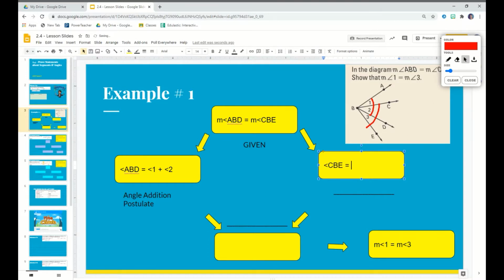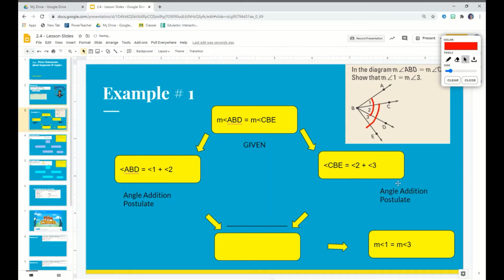And this is actually the angle addition postulate. Would be my reason. And I can do the same thing here with CBE is equal to angle 2 plus angle 3. Same reason. You can use the same reason. Angle addition postulate.